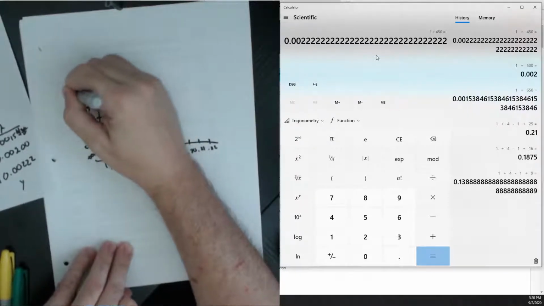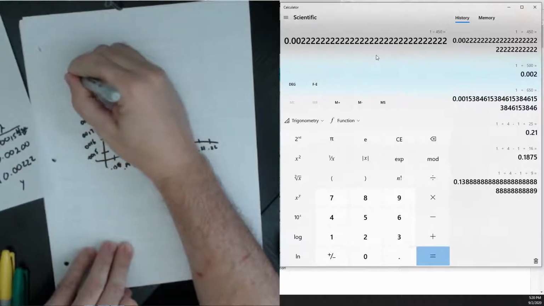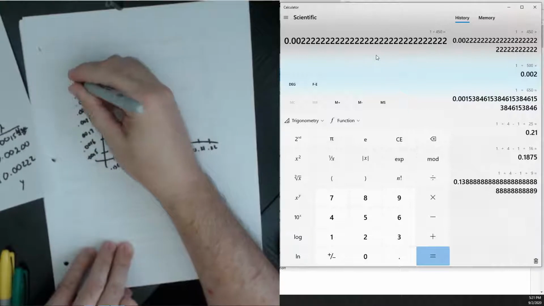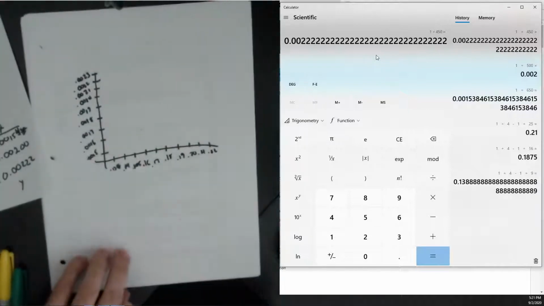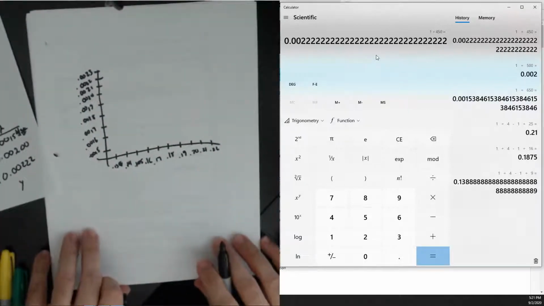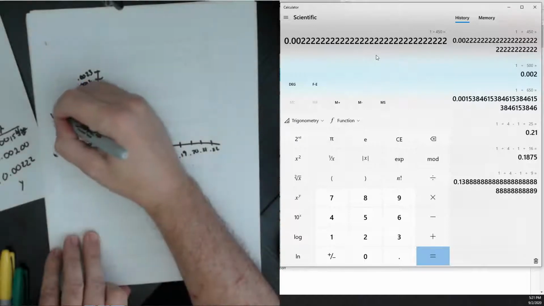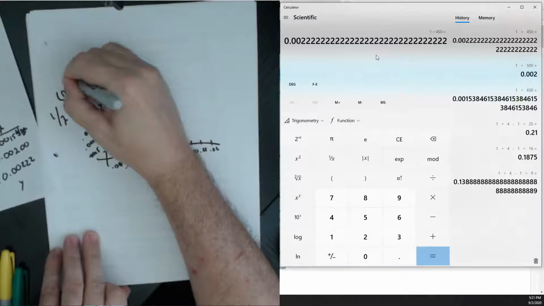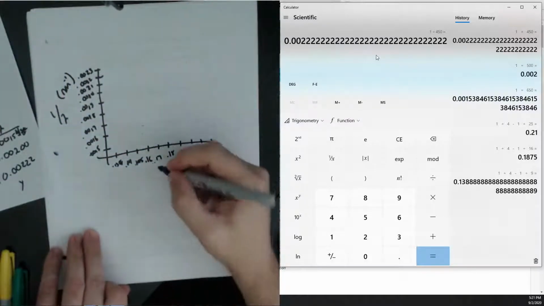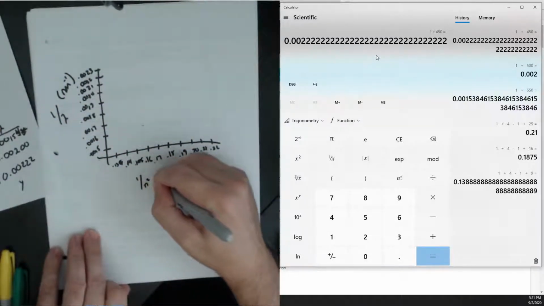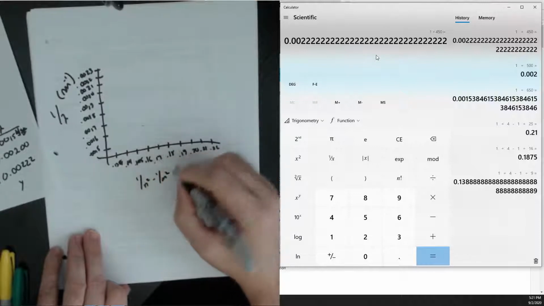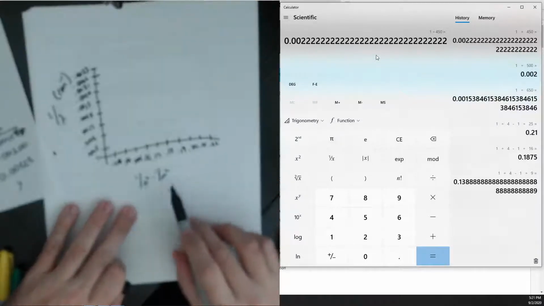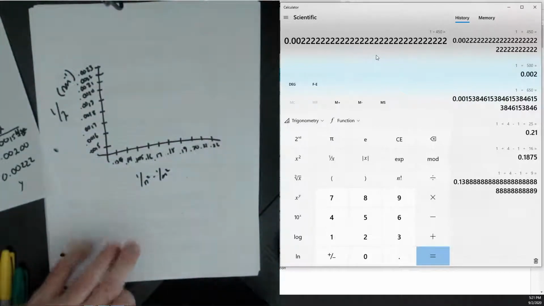So even though my graph doesn't take up the whole page, my data will take up the whole graph. Be sure to label your graph. So not just the numbers, this is also 1 over lambda, and thus the units are in inverse nanometers. Okay? And this right here is 1 over n squared minus 1 over m squared, and it has no units, okay, because these are just whole numbers, they're energy levels.